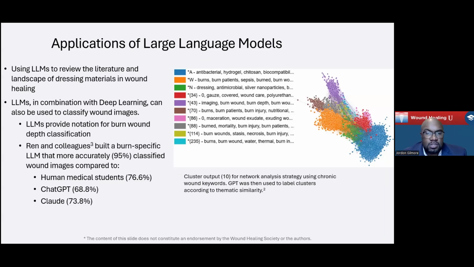Then the authors used a GPT to assign actual labels and values to the clusters. The outcome was that they were able to pull out some thematic things from the literature concerning biomaterials and wound dressings. So we can go to the next one.